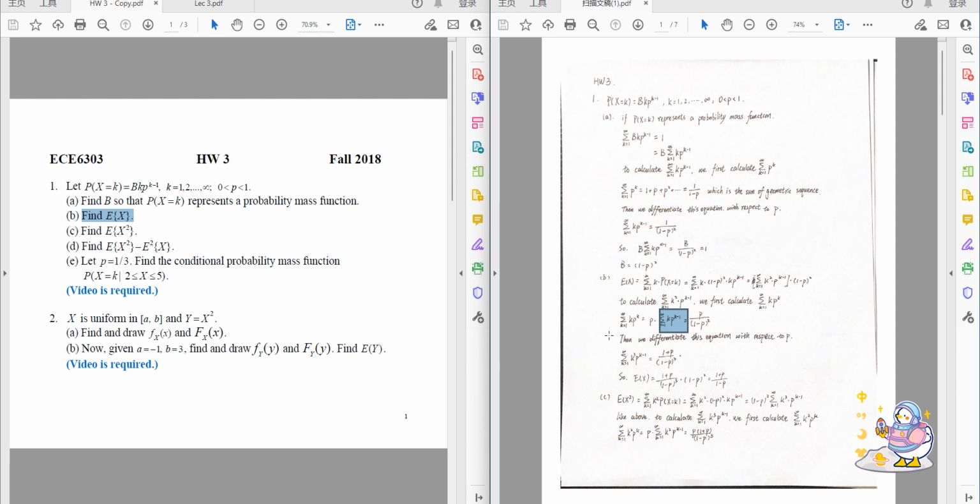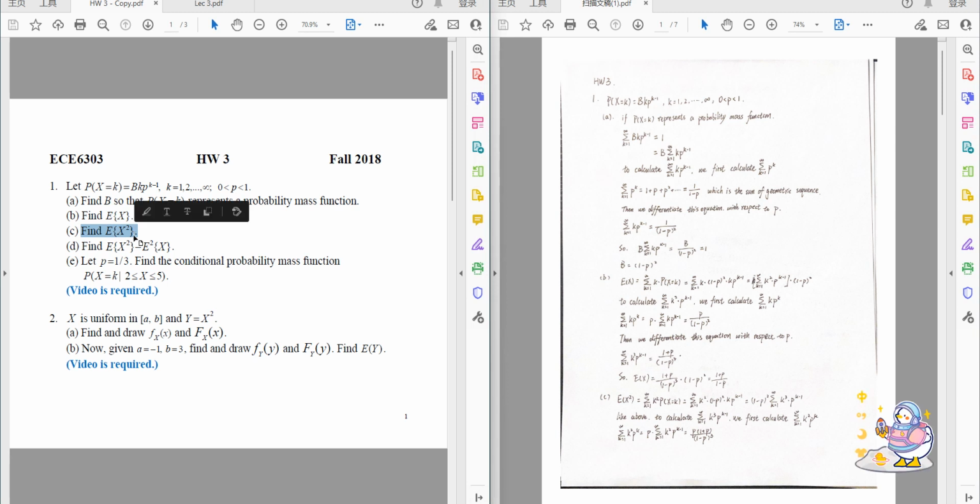So we know this term is p divided by (1 minus p) squared. Then we differentiate this equation with respect to p. We can get the same result. It's (1 plus p) divided by (1 minus p). Now we know the expectation of x.